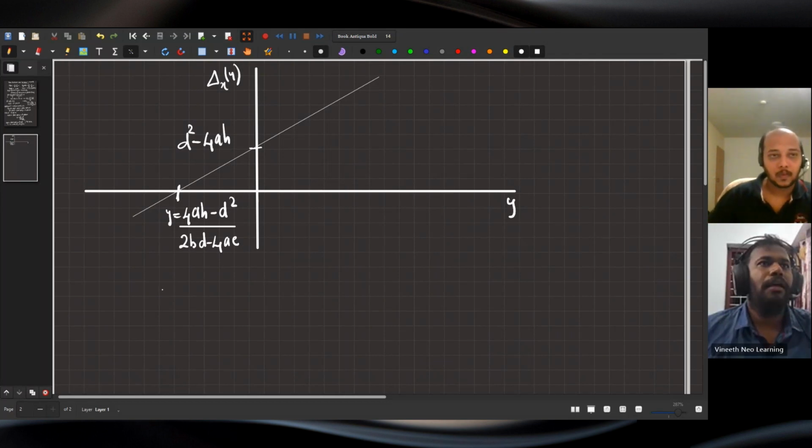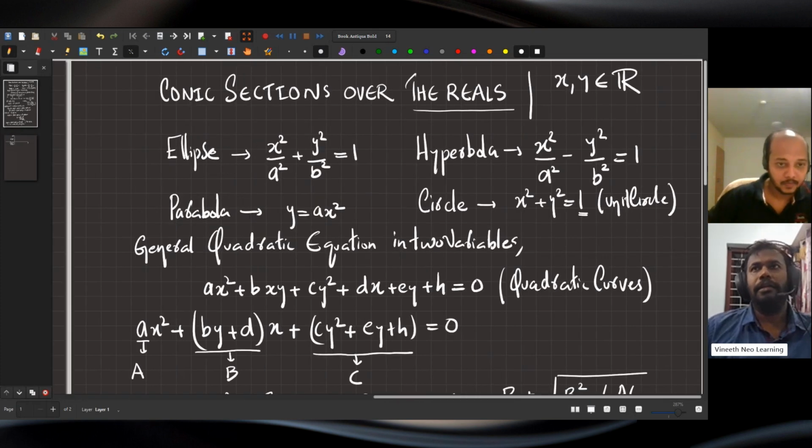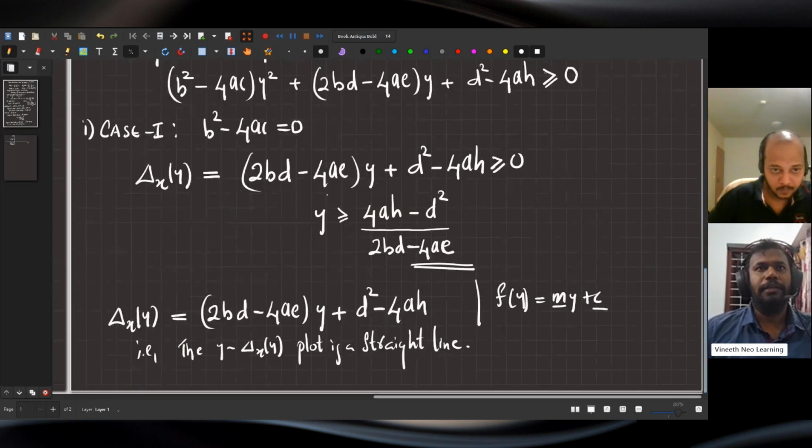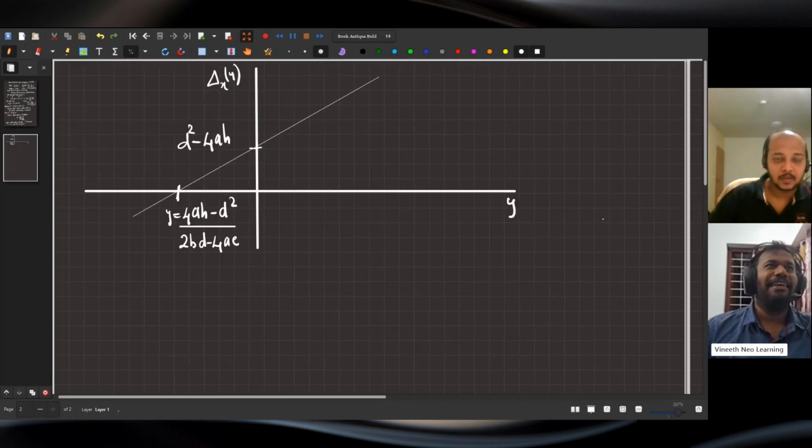Let me understand this once again. From this point towards the right, y is positive. This condition actually says that y should be greater than or equal to this number, and that number will be here.